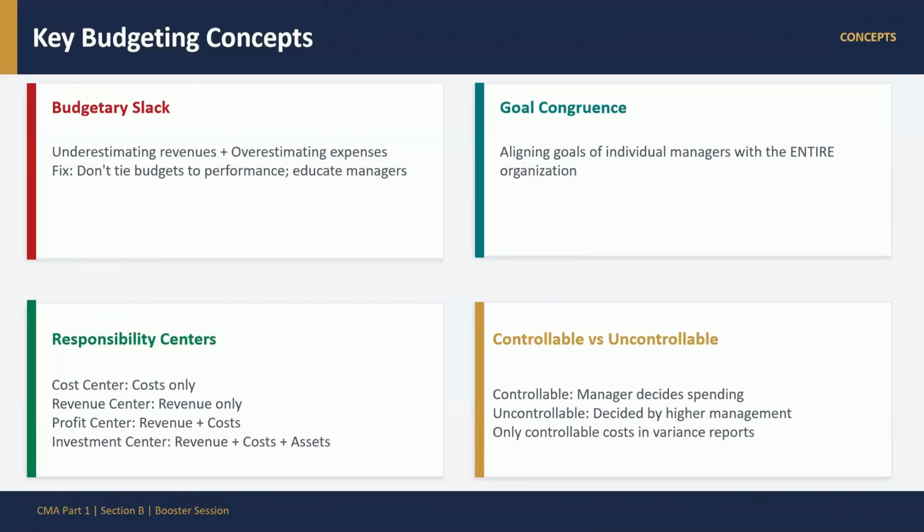When we talk about responsibility centers, we have to focus on controllable and uncontrollable costs. Controllable costs are the costs that are under the manager's control, for example production costs. Uncontrollable costs are depreciation of equipment and common costs of the organization, such as the CEO's salary.